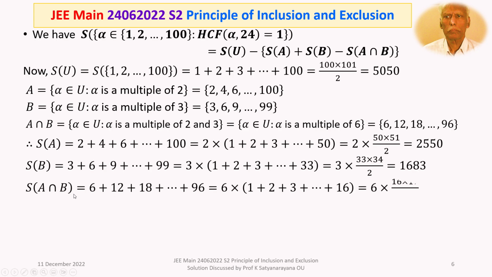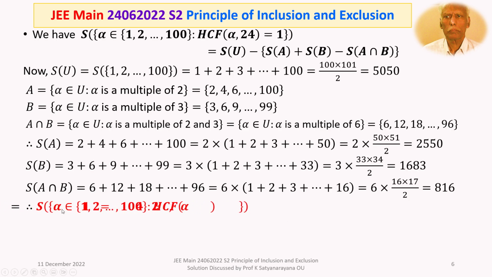S of A intersection B is 6 plus 12 plus 18 up to 96. Taking 6 common, the sum of the first 16 natural numbers, 6 into n into n plus 1 by 2 where n is 16, and simplified we get 816.